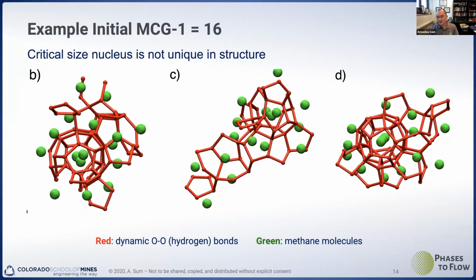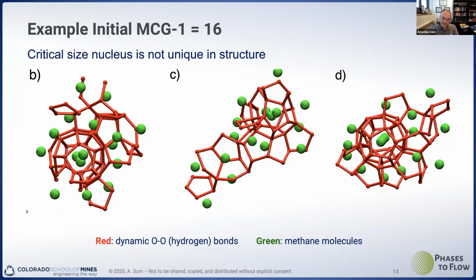And what we see is that the critical nucleus, again, as I mentioned, is not necessarily unique. There are various arrangements of water and gas molecules that one can find, and it is defined by size, not necessarily, again, by the arrangement of the molecules.